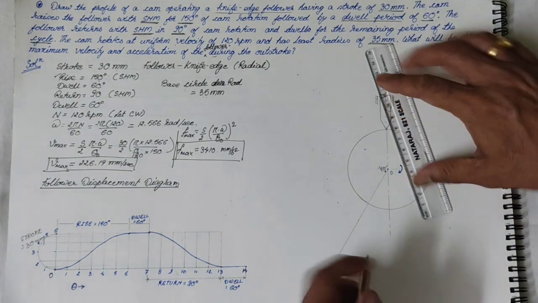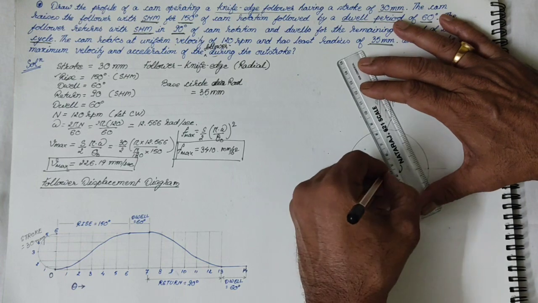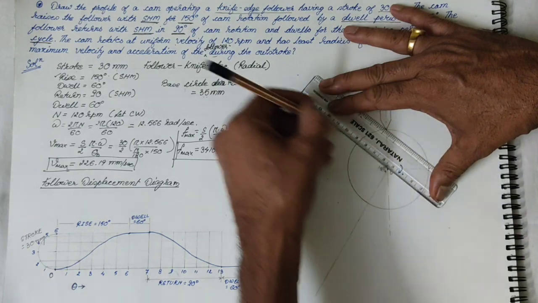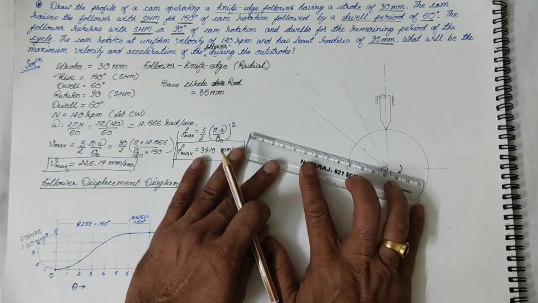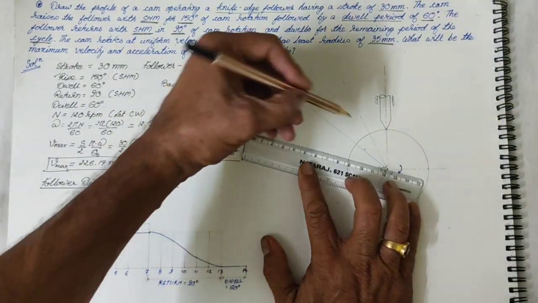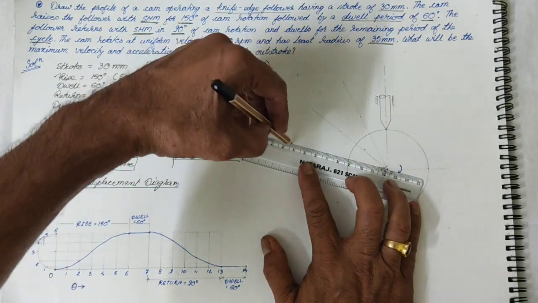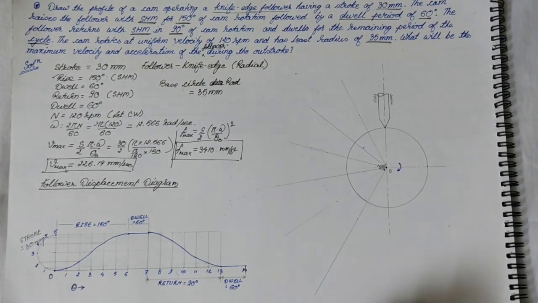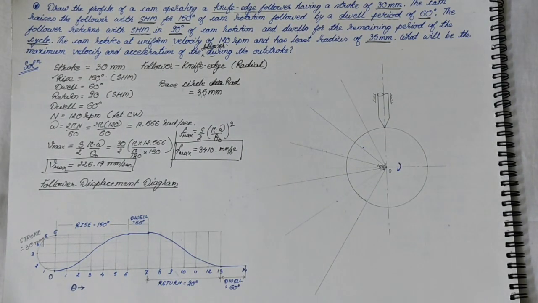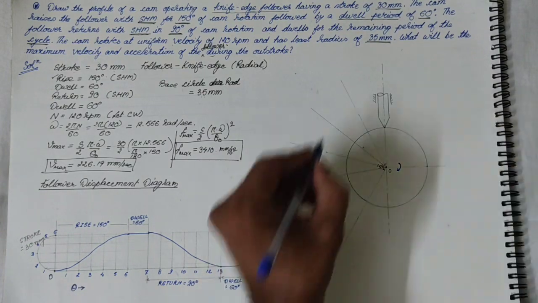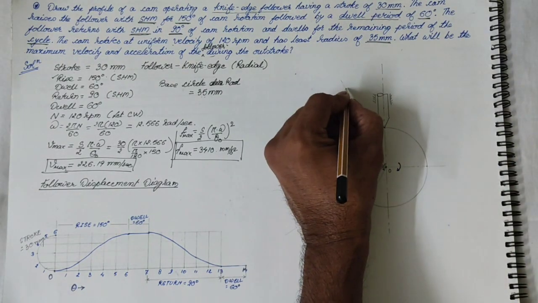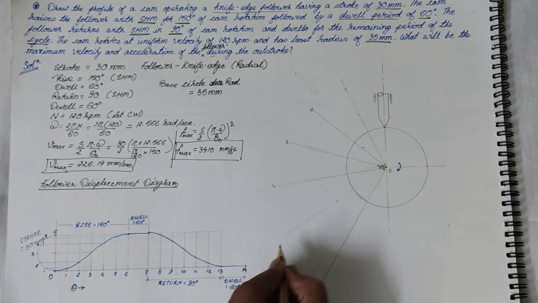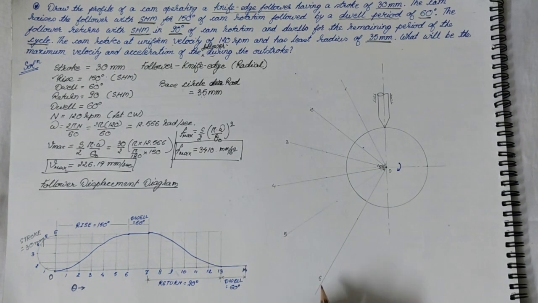So we'll be drawing these lines of stroke. So this is the 0th position, and this is 1, 2, 3, 4, 5 and 6.